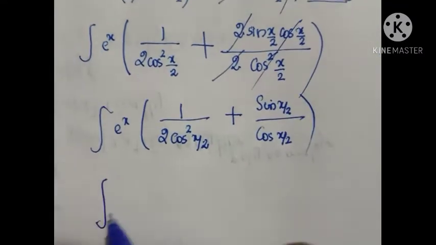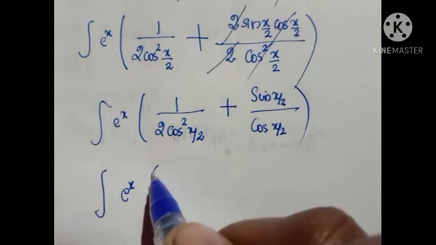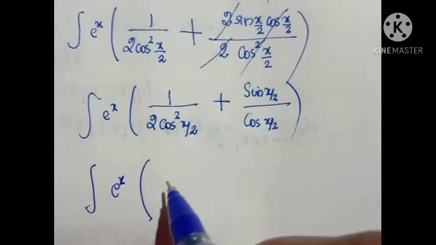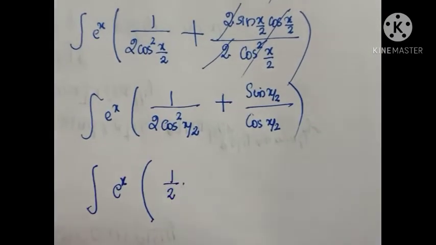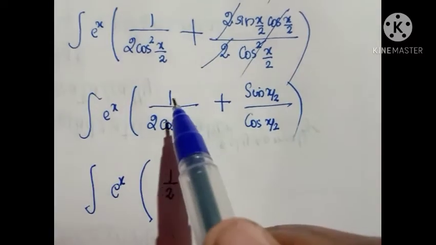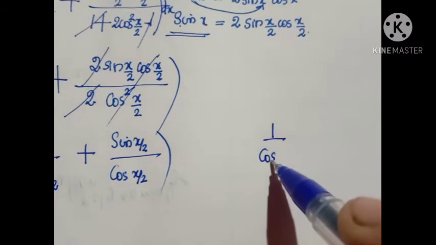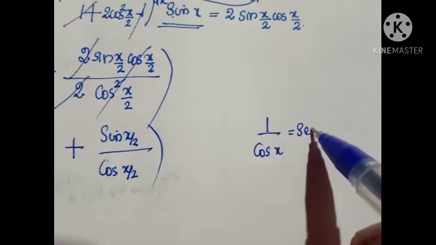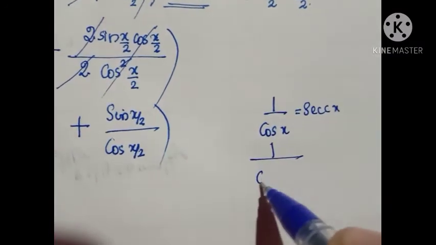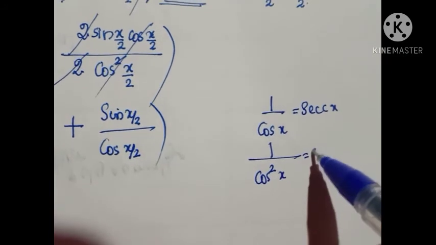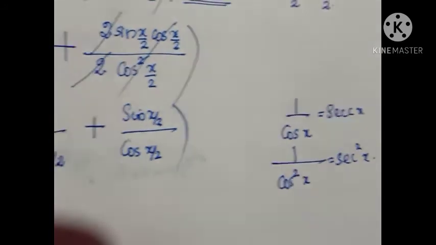Okay. This integral e raised to x into, here 1 by 2 is constant. So take it outside. 1 by 2 into, now 1 by cos square. What is 1 by cos? Reciprocal of cos is sec. So what is 1 by cos square? It is sec square x.